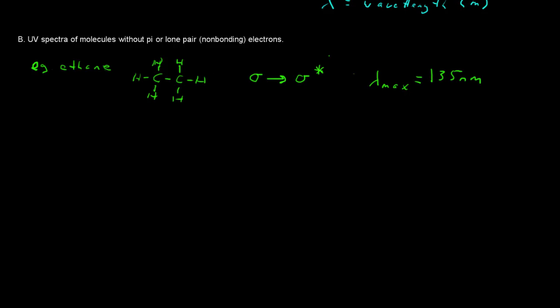So a couple of things to mention here. First, the definition of lambda max. Lambda max is defined as the wavelength of maximum absorbance for a given transition. So this is the wavelength of maximum absorbance for the sigma to sigma star transition in an ethane molecule.